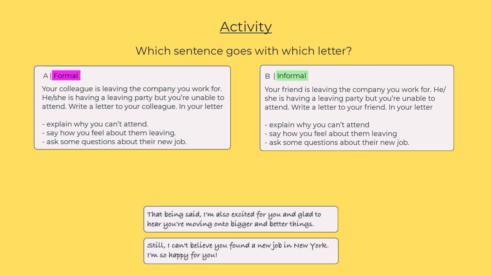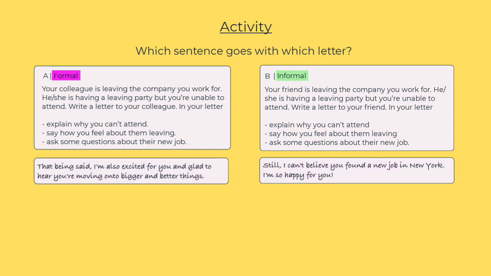Are you ready? Again, we have so happy with an exclamation mark in the informal letter, and we also have still, which is a more conversational way to say that being said. Now, this brings me to an important point. Many of the linking words that you've probably learned for your essay in task 2 are quite formal, and we don't use them much in conversation when talking to each other in person.